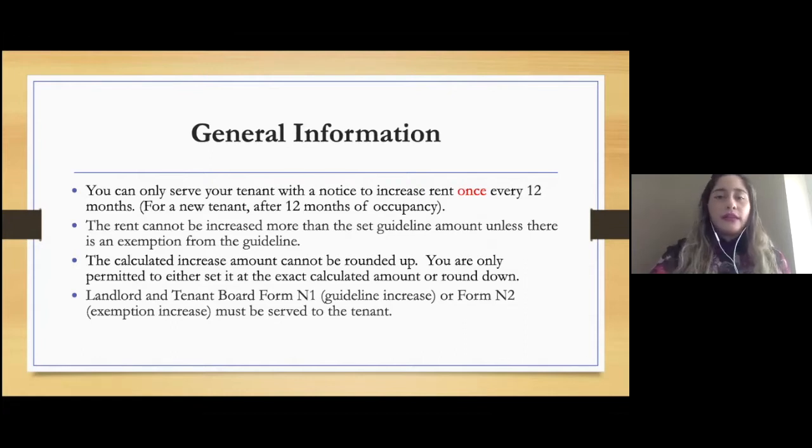You are not allowed to backtrack and collect on missed rent increases. Also note that permission is not needed from the Landlord and Tenant Board when doing a rent increase by the guideline amount. But make sure to follow the rules and use the proper Landlord and Tenant Board notice.